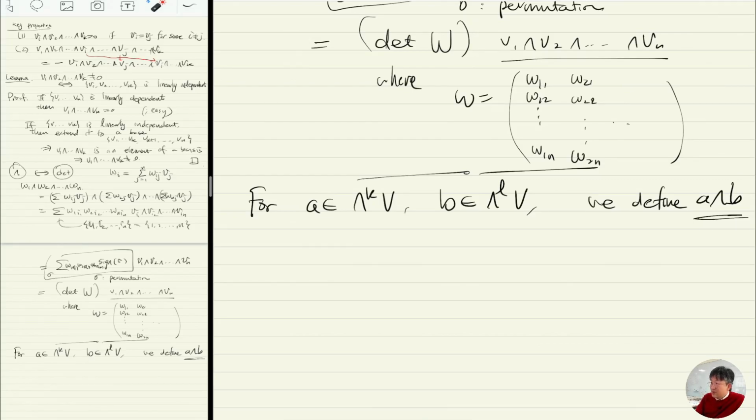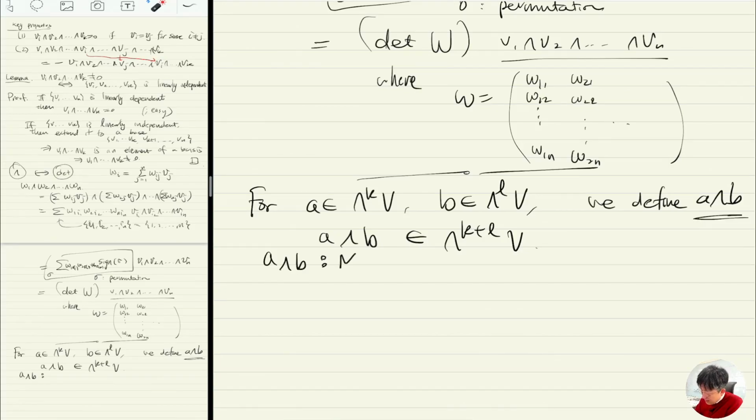Well, first of all, again, this is in the (K plus L)th exterior power, and we need to map any alternating multilinear form of degree K plus L to an element of F. Right?